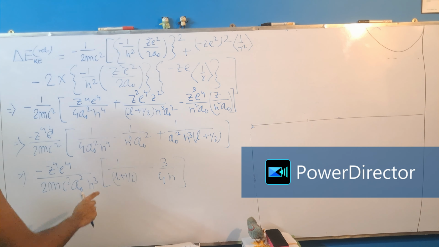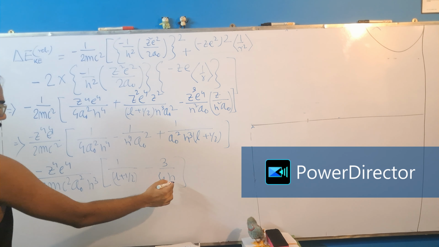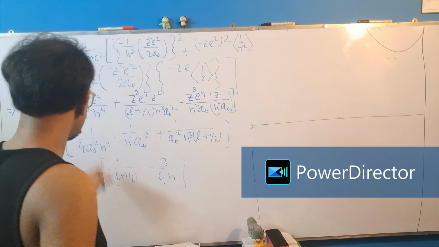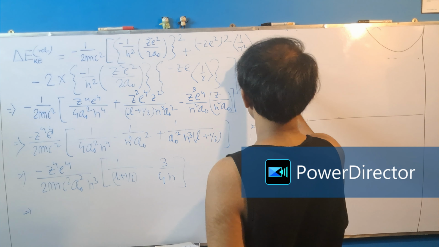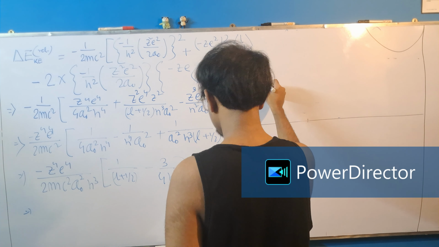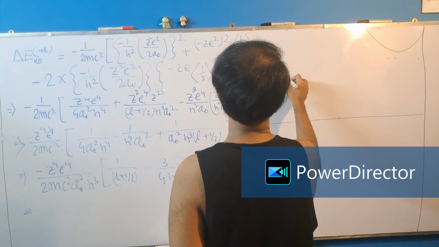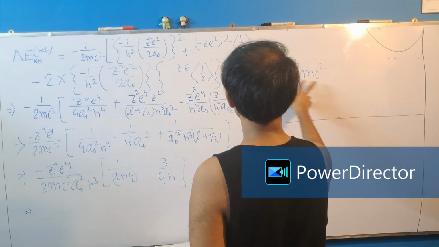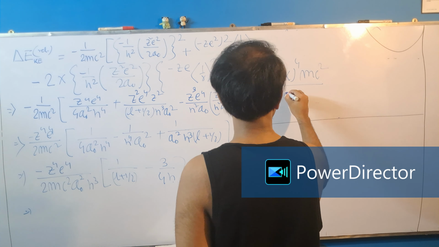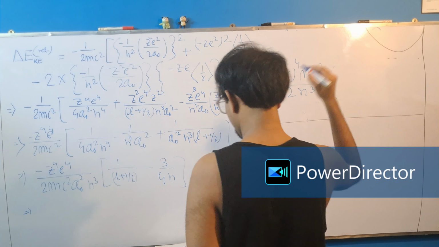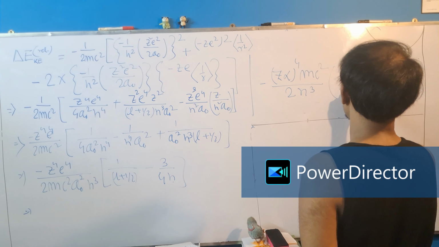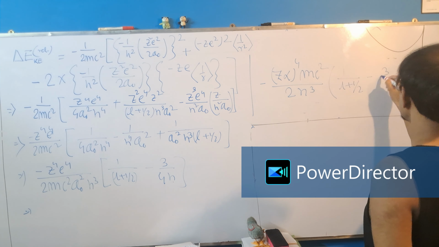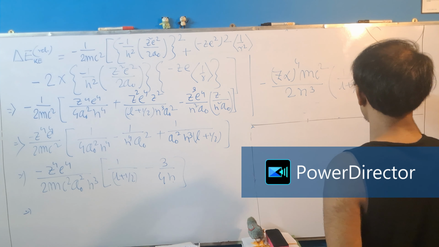So as you can see from here already, this has an alpha to the power 4 dependence, and now if you do the workout from this whole term, you will finally end up with a handsome figure, that is Z alpha to the 4 mc squared, even the mc squared will stay in the same place, 2n cube, 1 by l plus half minus 3 by 4n.